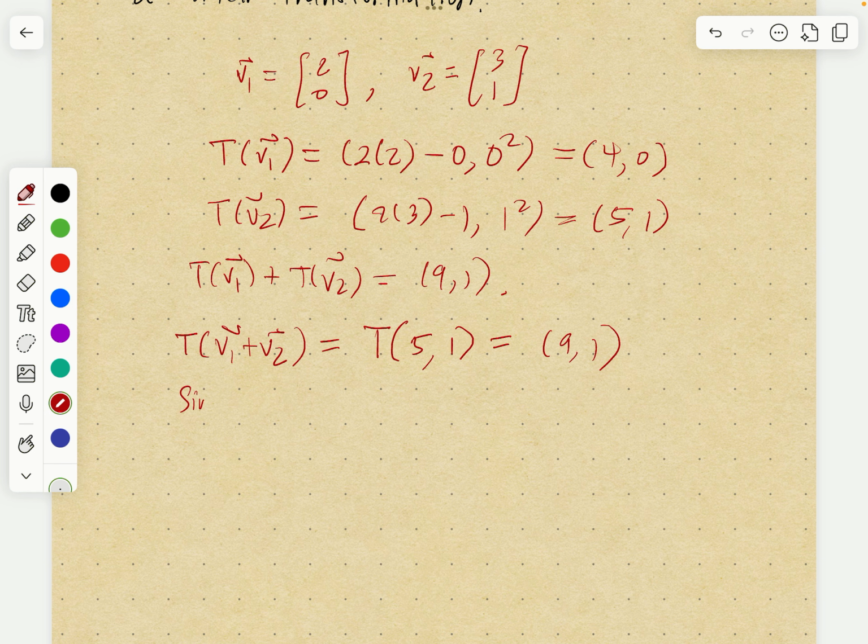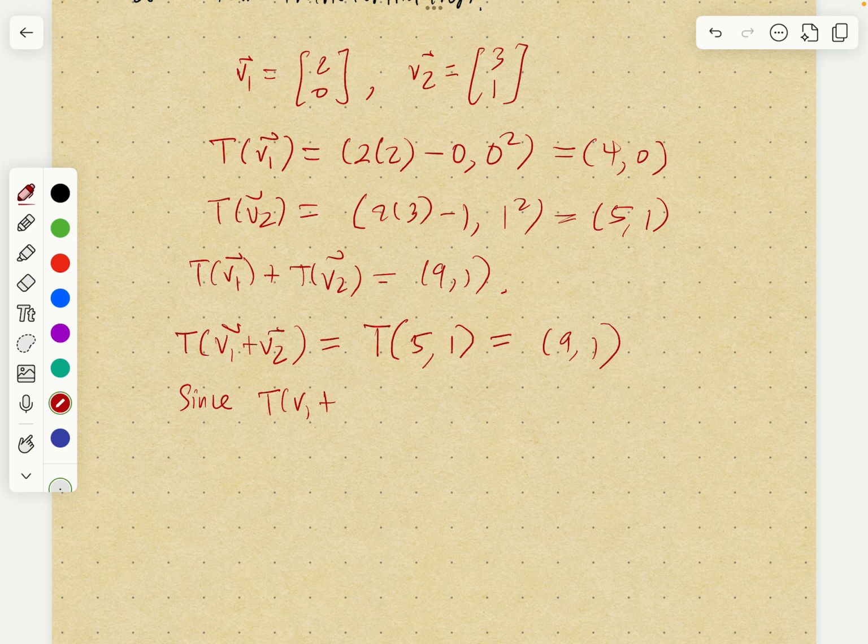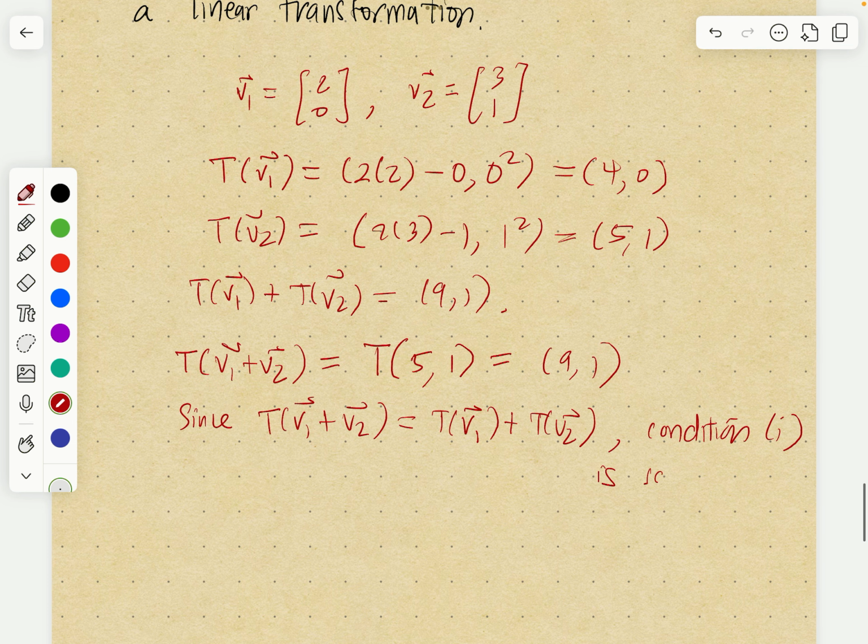So since T of v1 plus v2 equals T of v1 plus T of v2, condition 1 in the definition of a linear transformation is satisfied. Now what's wrong with the reasoning? There's no arithmetic mistakes. But what's the issue?